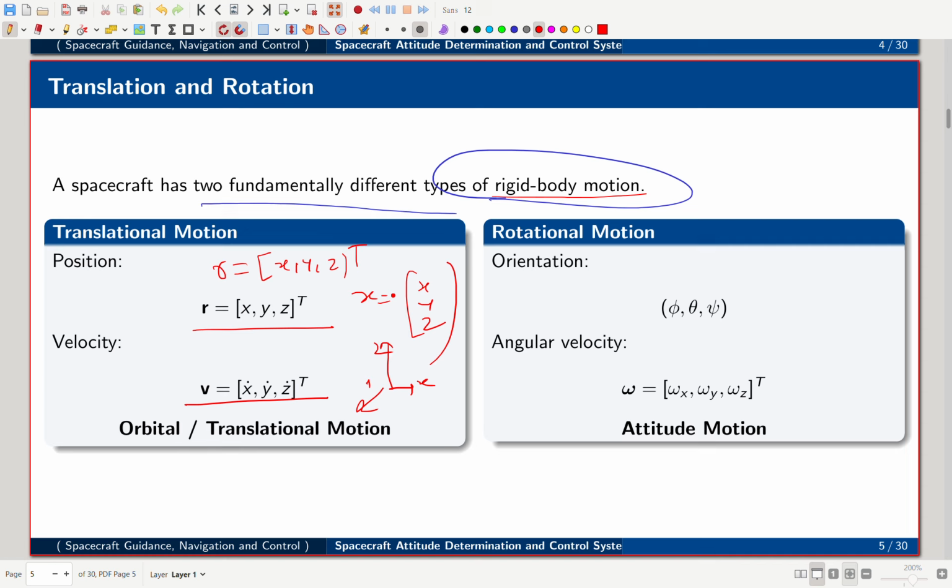So this is orbital or translation motion. Orbital motion is associated with translation motion, and attitude motion is associated with rotational motion. So orientation phi, theta, psi, and angular velocity omega x, omega y, omega z.